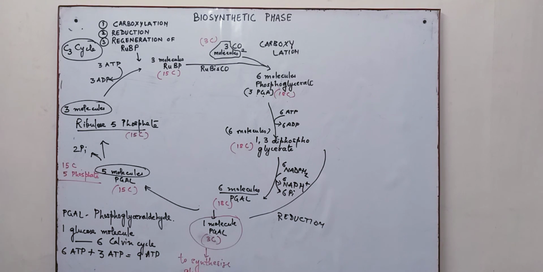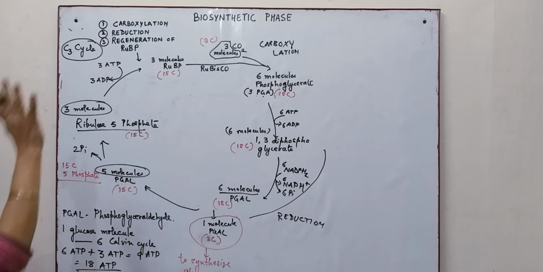Since we are using 3 carbon dioxide to understand the cycle, we have 3 carbon dioxide in one cycle and 3 carbon dioxide in the next cycle. So we have 18 ATP utilized for the synthesis of 1 glucose molecule.